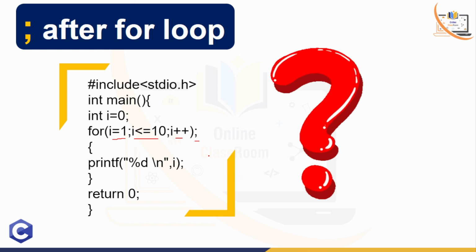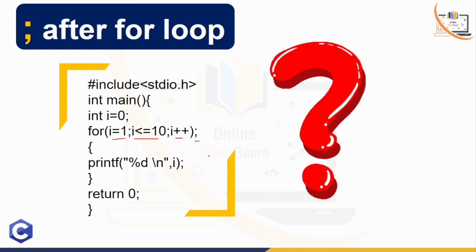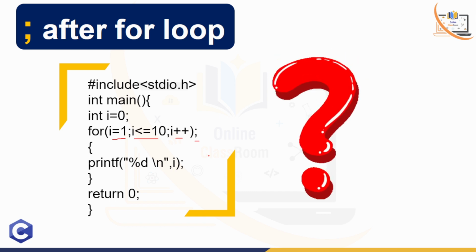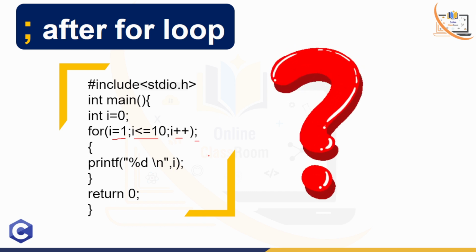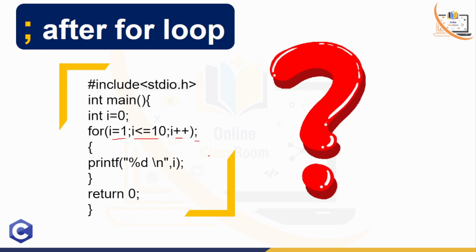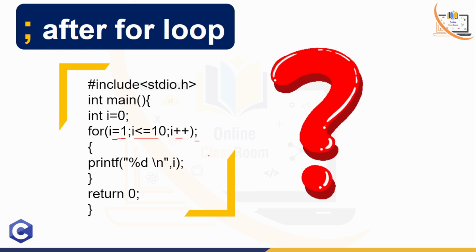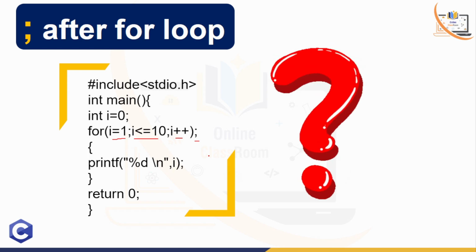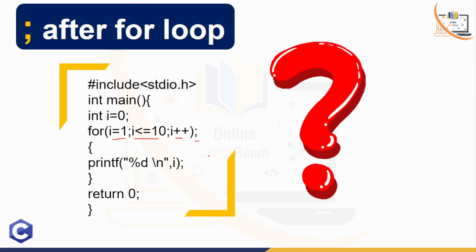The question is, is it correct, or is there any compilation error? And if it is correct, what will be your output? So try this code, compile it, and give me the output in the comment section of the video, right?